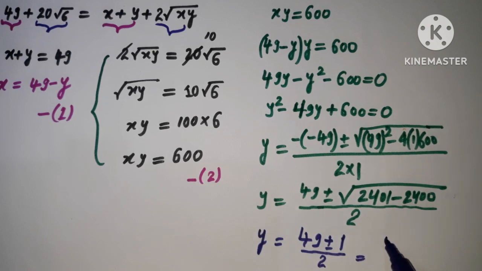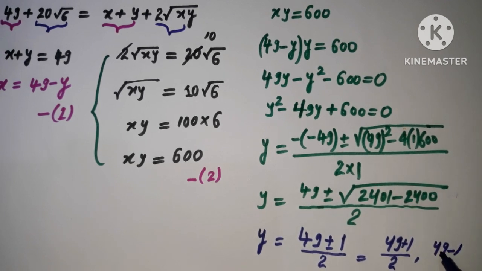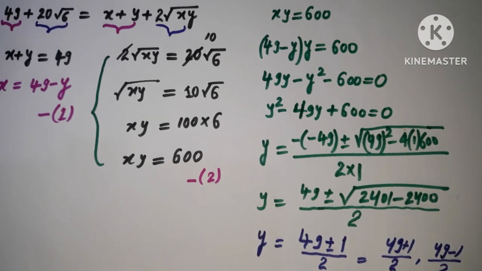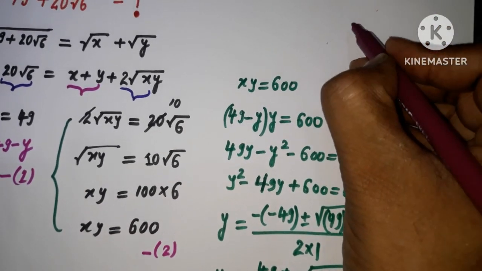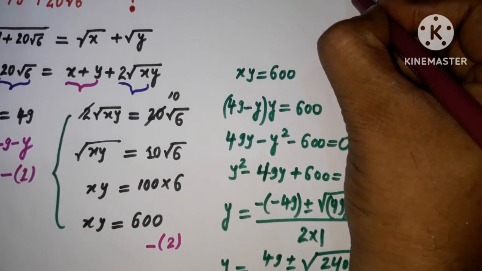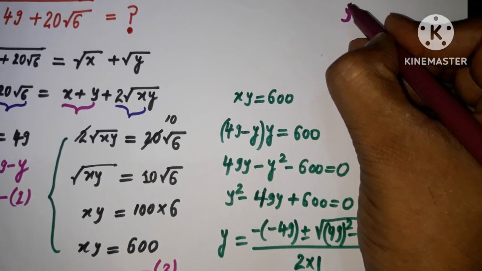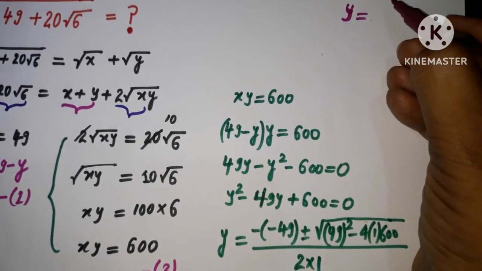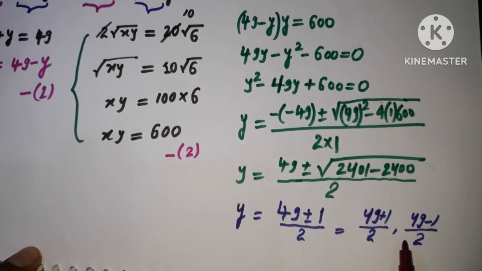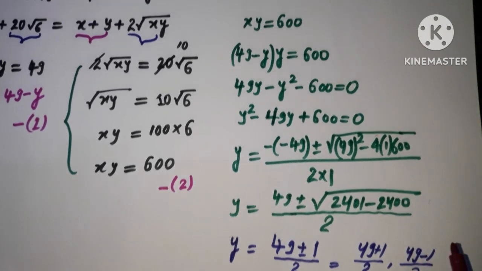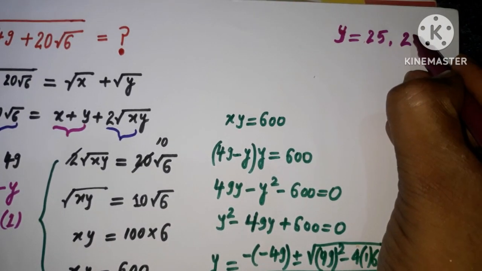So here we are getting 49 plus 1 divided by 2, and 49 minus 1 divided by 2. Obviously 50 by 2 is 25. So we can write y is equal to 25, and this other value is 48 by 2, that is 24.